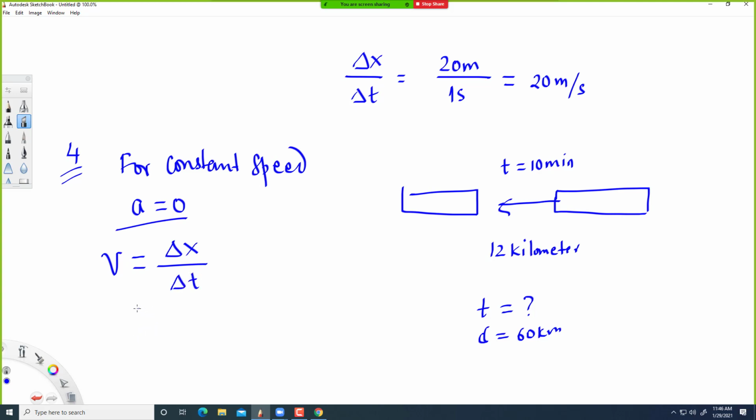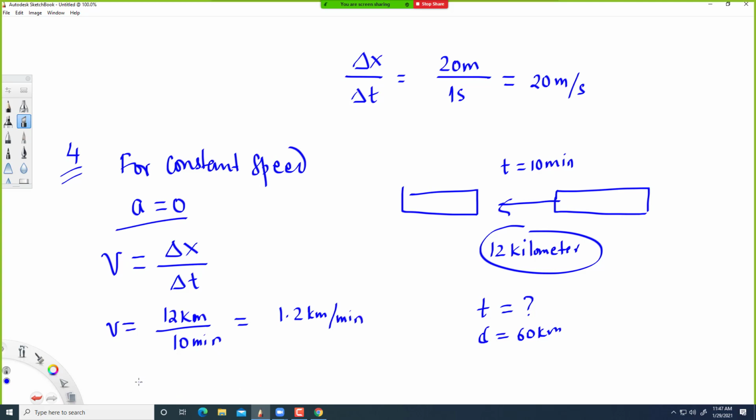So you can find v first. v would be 12 kilometers over the time to cover that distance, 10 minutes. That's the velocity: 1.2 kilometers per minute.